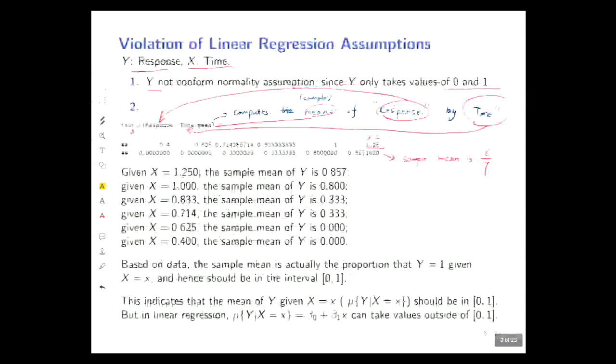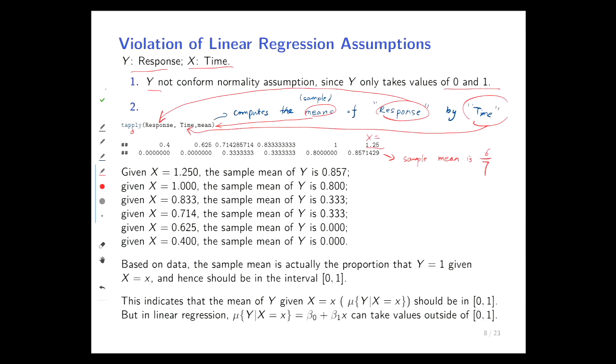And also we can compute the other kind of situation for x. Here, given x equals 1, the sample mean here is 0.8. And we can keep on looking at that. So the sample mean of y, given different situations of x, we can have different sample means of y.